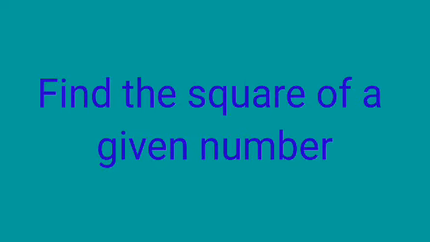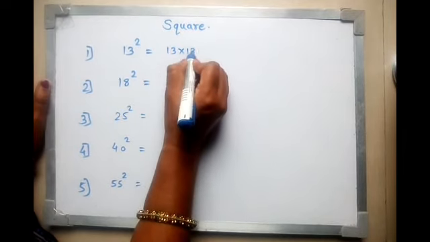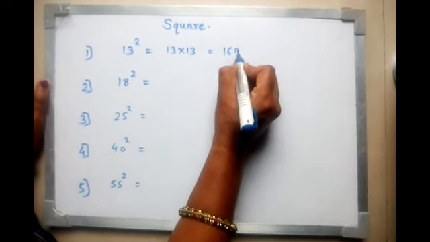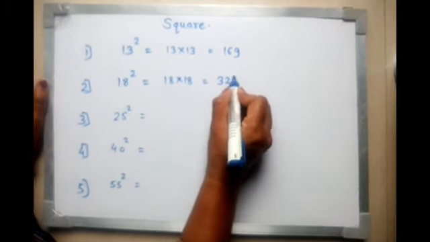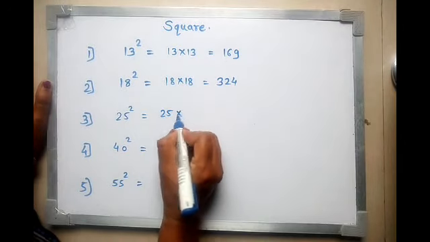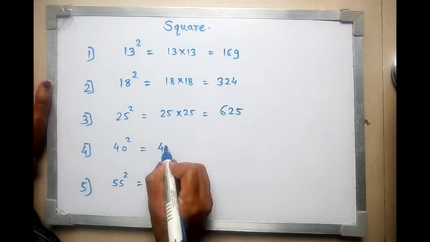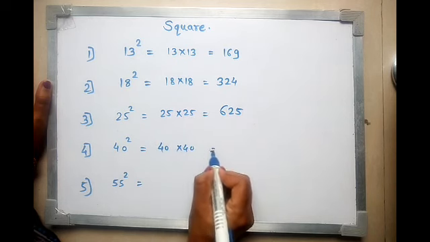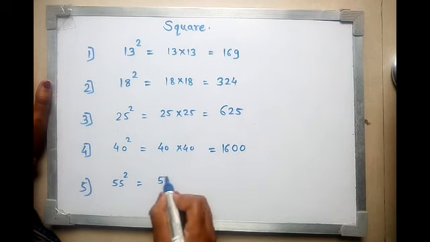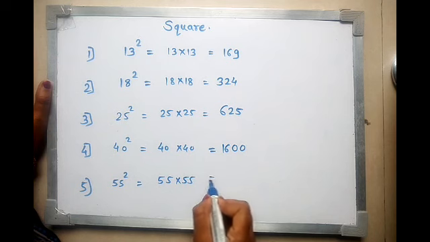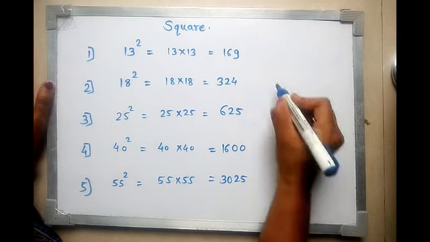Find the square of given numbers. Here 5 numbers are given. Find the square of these numbers. 13 square is 169, 18 square is 324, 25 square is 625, 40 square is 1600, 55 square is 3025.